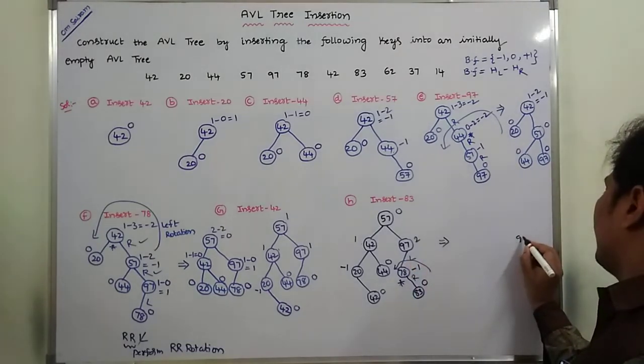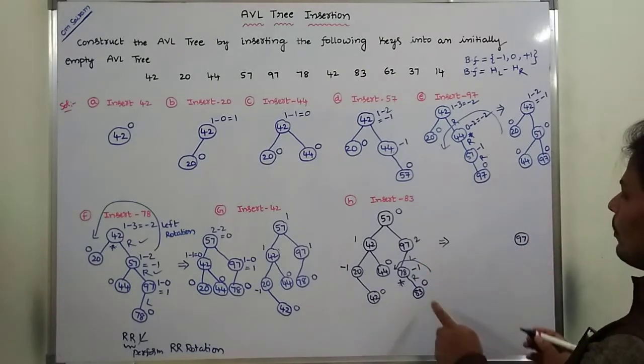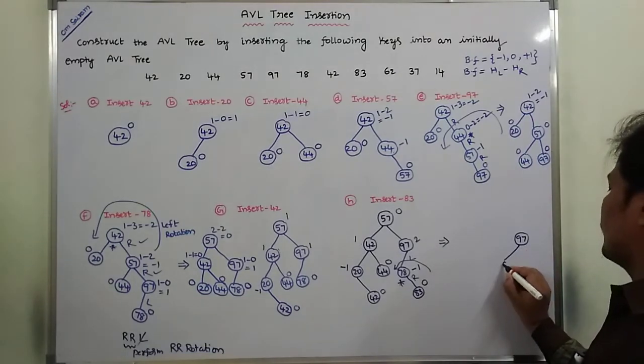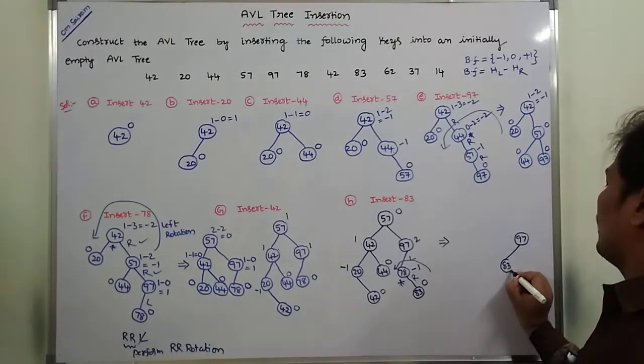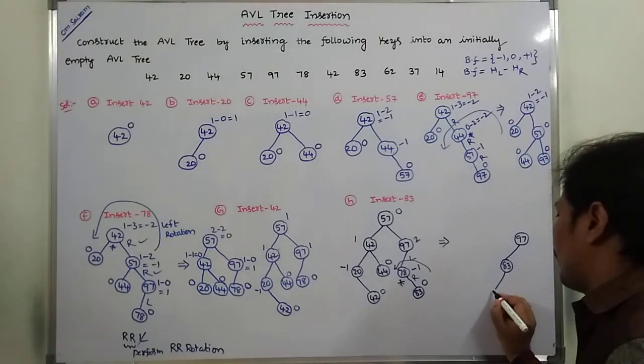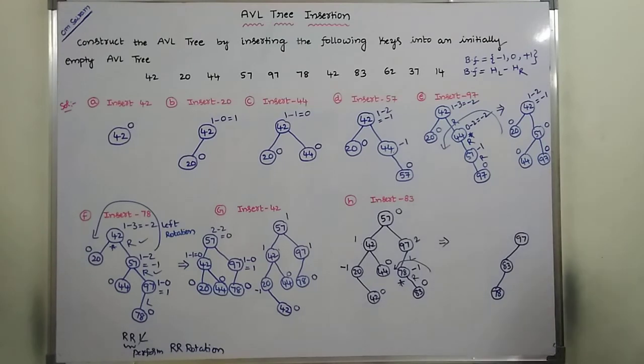So 97, 78 goes down, 83 goes up. So this is what we are getting.